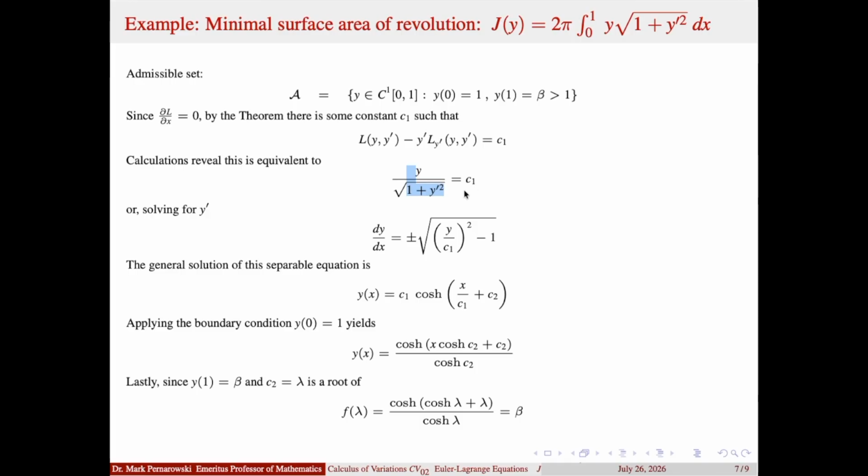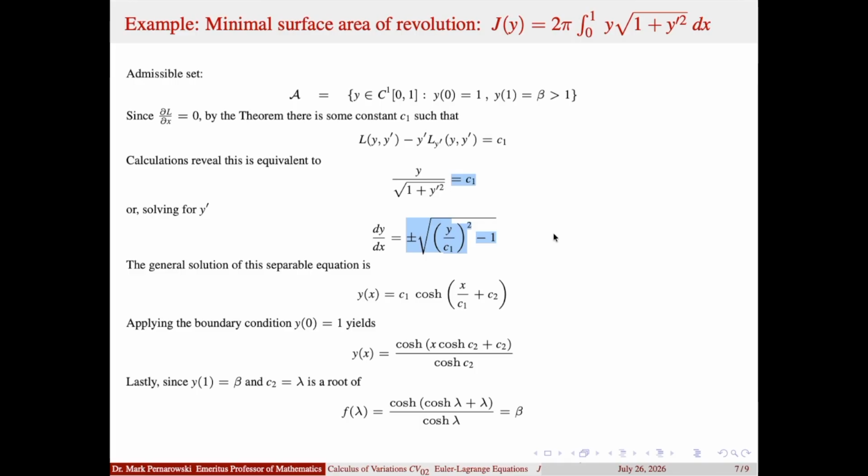That's a differential equation for y of x. How do we solve it? Well, much like the previous one, I can solve this by solving for y prime. I'll square both sides, bring this over, divide by C1, do a bunch of algebra, and you get dy/dx is plus or minus this. All right?